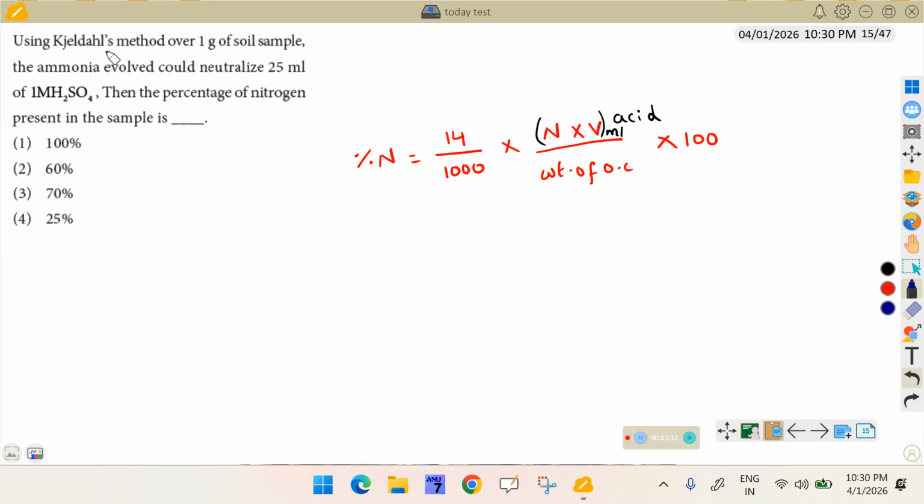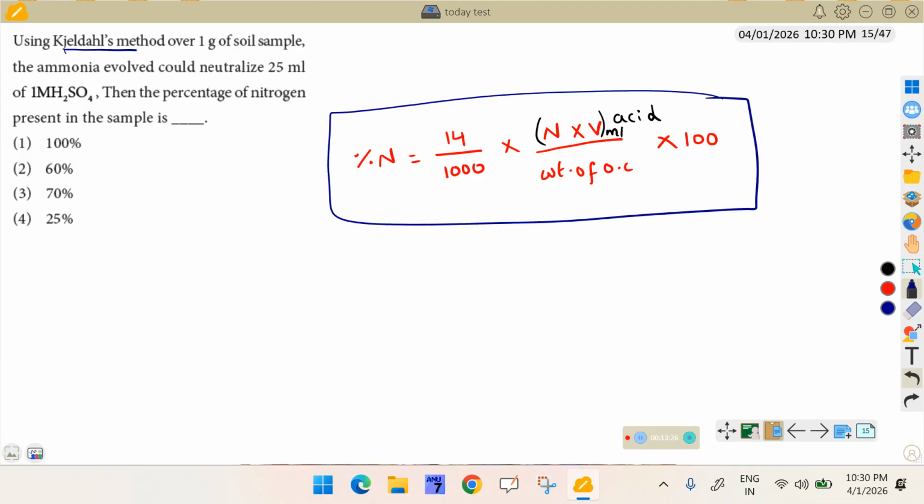Using Kjeldahl's method, over 1 gram of soil sample. In Kjeldahl's method, the percentage of nitrogen is calculated by using this formula: 14 by 1000 into normality into volume in mL of acid, divided by weight of organic compound, into 100. Substitute 14 by 1000.